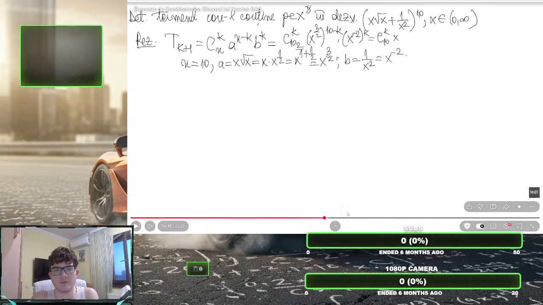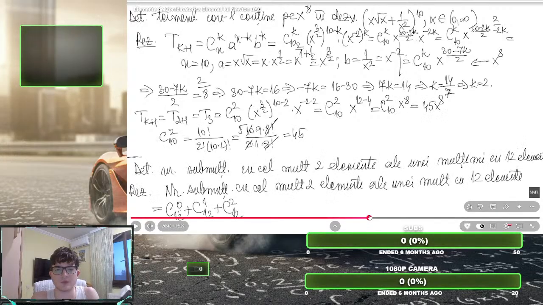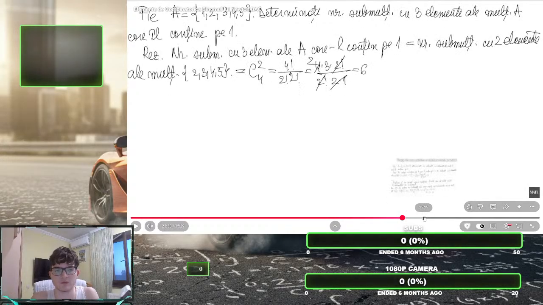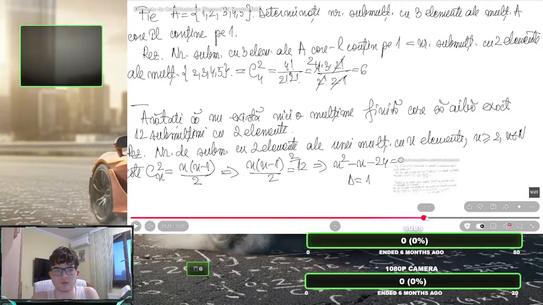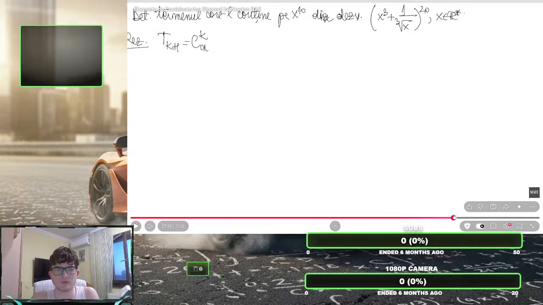I mean, for practice maybe, but I think there are better exercises to do. So let's try to find one. This one doesn't seem so good. This one also.